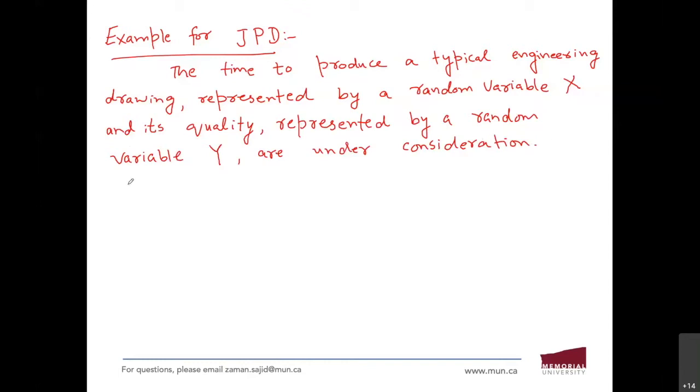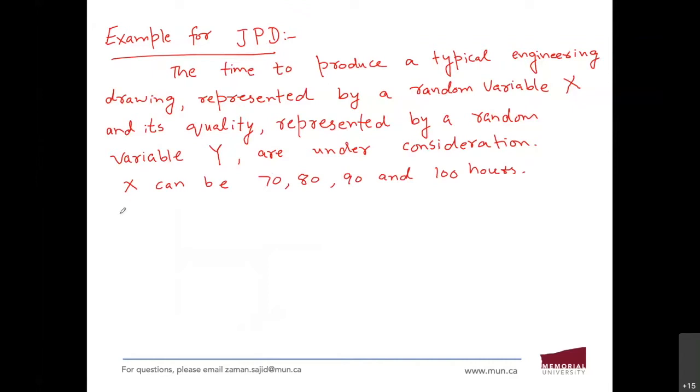Now X can be 70, 80, 90 and 100 hours, because this is the time, so you have the units of time, hours.